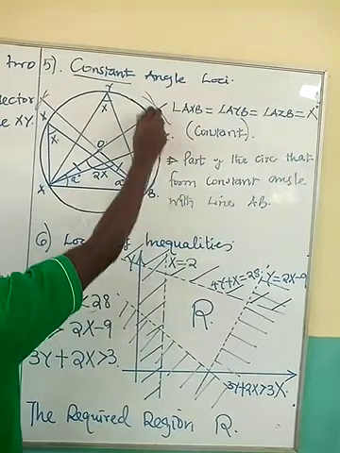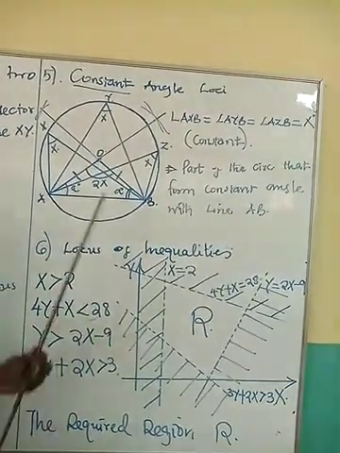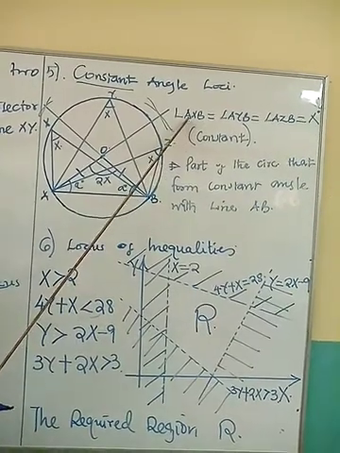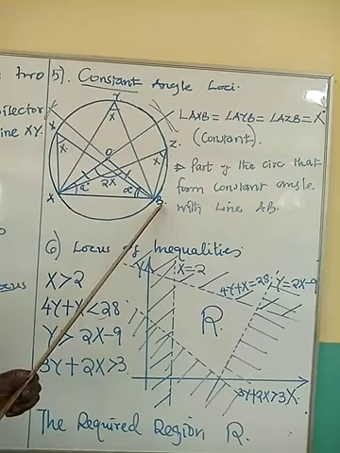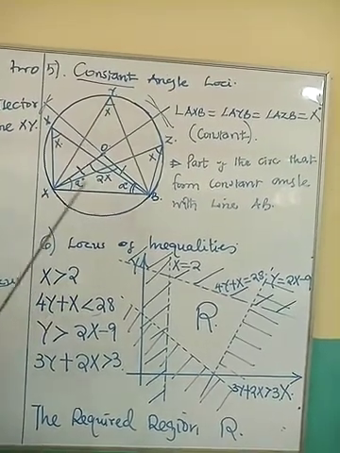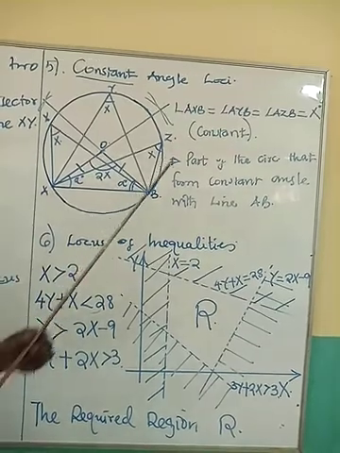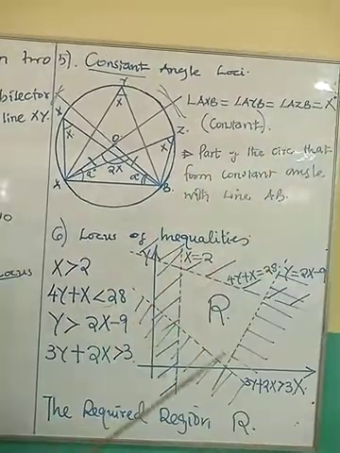So this is my locus. Any point along this locus will give me equal angle. That's why I've said that angle AXB is equal to angle AYB is equal to angle AZB, which are all constant, and it is x degrees.